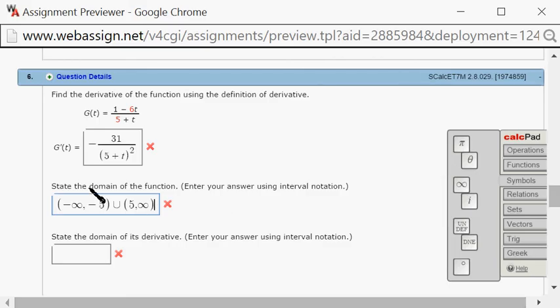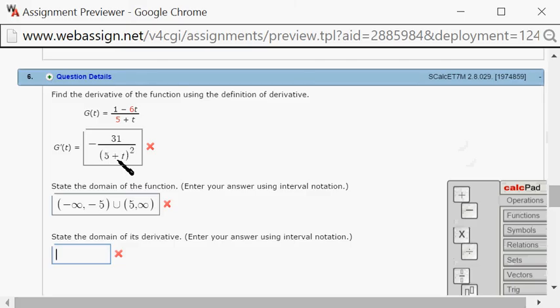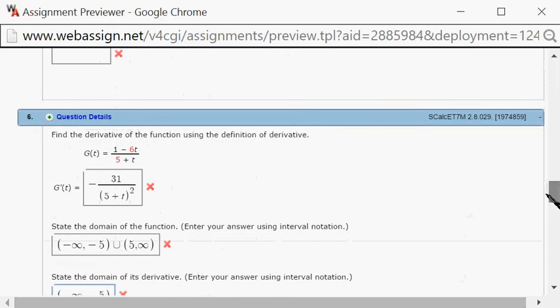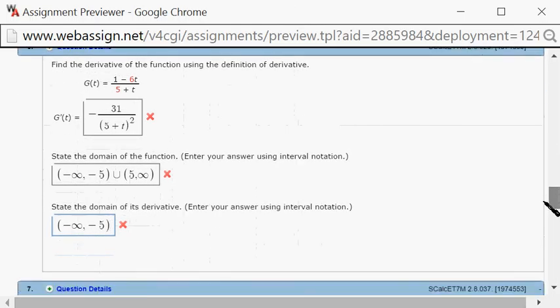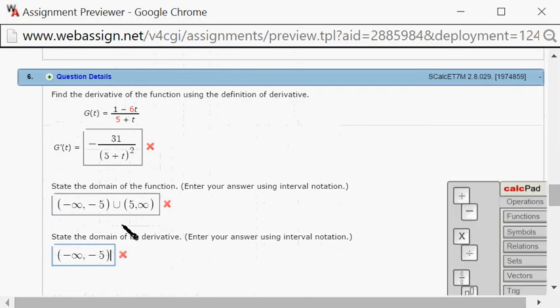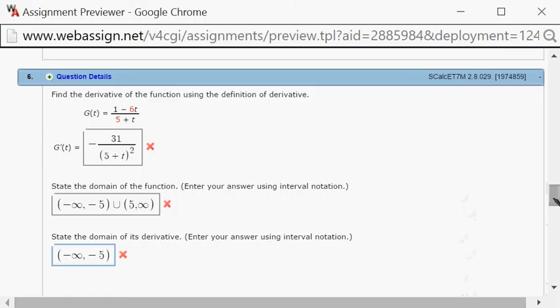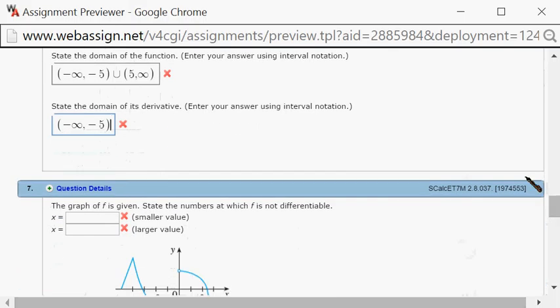The domain of the derivative is exactly the same. Negative 5 would be a bad number. So I will just put exactly the same thing: negative infinity to negative 5, parenthesis, and the set union. Let's see, I have to go down a bit.